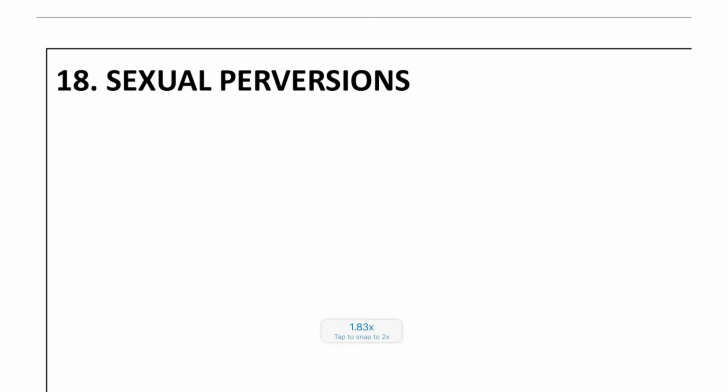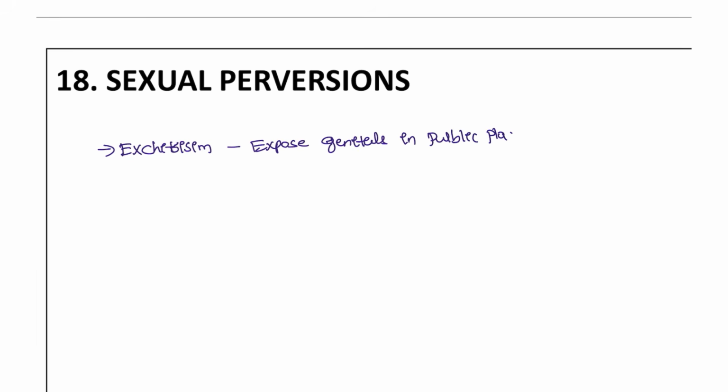Next, sexual perversion. Sexual perversion, an easy question, can be asked in the examination. So first one is exhibitionism. Exhibitionism, those perverts who expose the genitalia in a public place, and this is a crime according to Indian law.